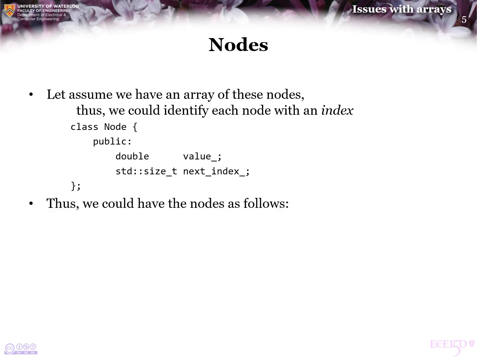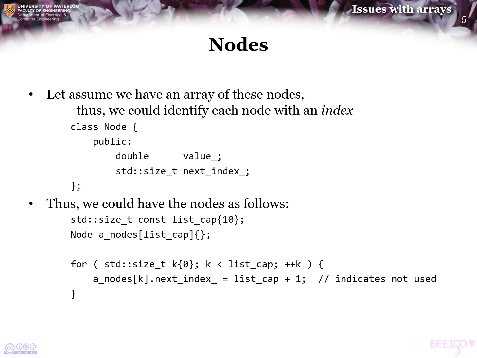Thus, we could store our nodes as follows. We could have a capacity that is fixed, say 10, and then we create an array with that many nodes. Now, we will initialize everything to 0. However, we need some way of indicating that currently none of these nodes are being used.